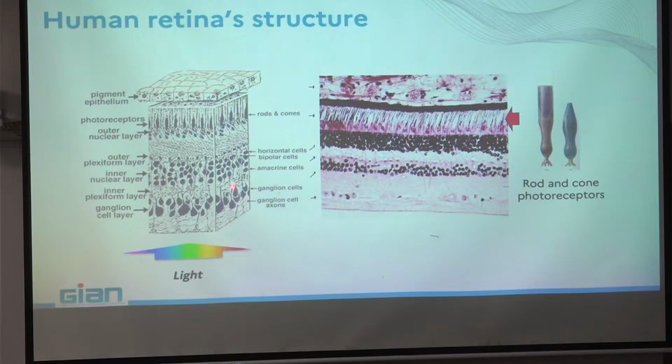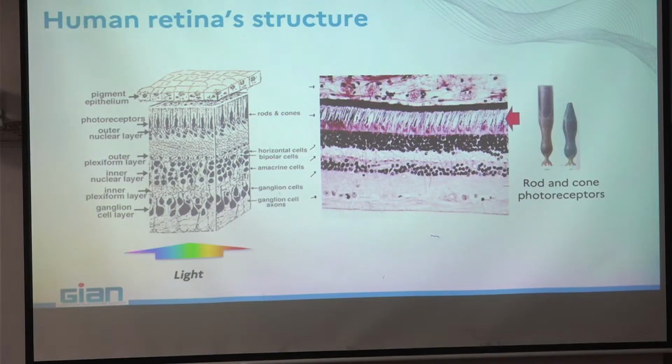Continue. And in fact, the light is coming from here. And you see it penetrates different layers. I don't want you, of course, to know what all those layers are. They have different functionalities. I will explain some of them. And then you arrive just before the white part of the eye, the sclera, which is the external part of the eye.